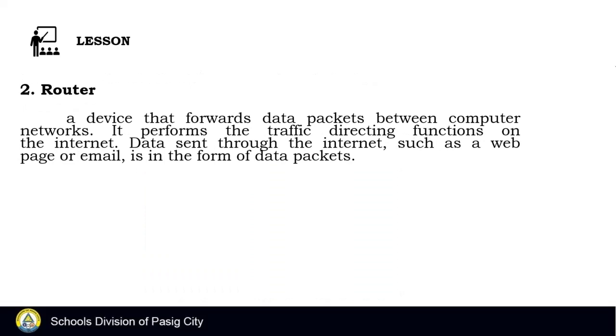Number 2, router, a device that forwards data packets between computer networks. It performs the traffic directing function on the internet. Data sent through the internet, such as a web page or email, is in the form of data packets.